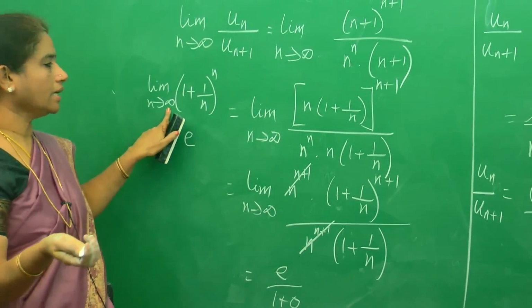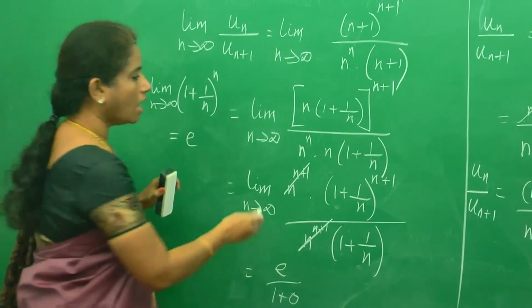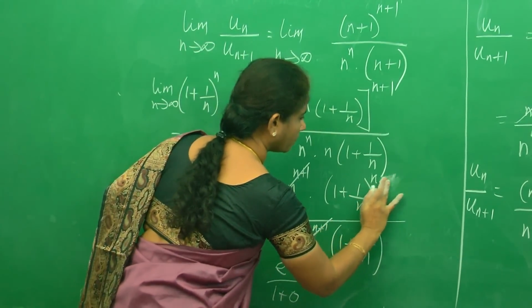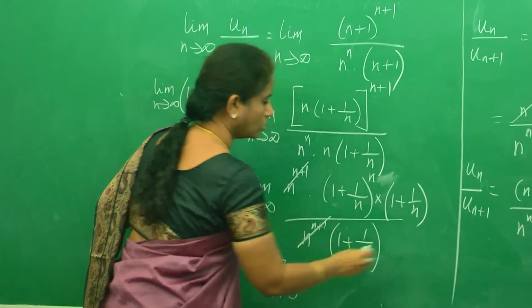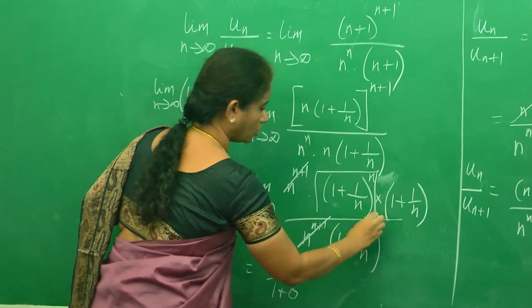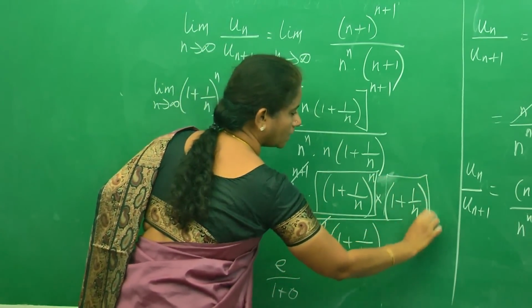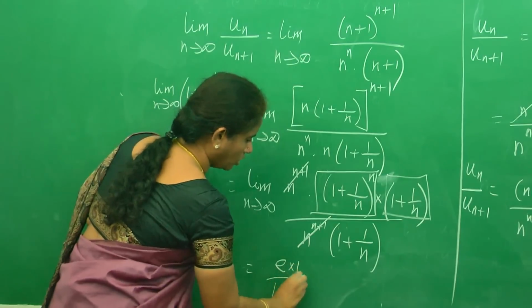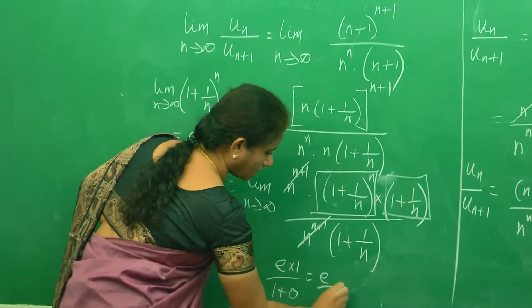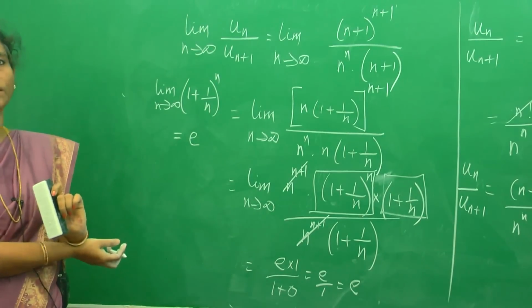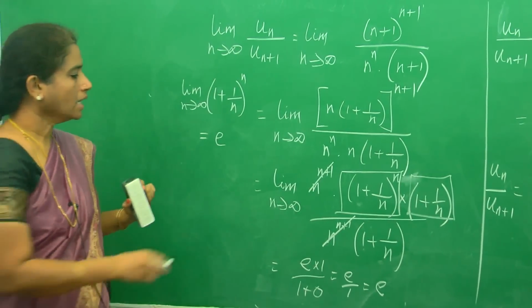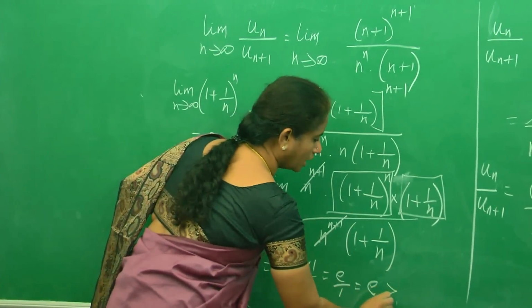So the bigger the n, it will be the same. Or you can write it like this, 1 into 1 plus 1 by n. So this part will go to e, this part will go to 1 as you know. So your answer is going to be e by 1, which is e. And we all know the value of e is 2.7 something, right? So this is more than 1.